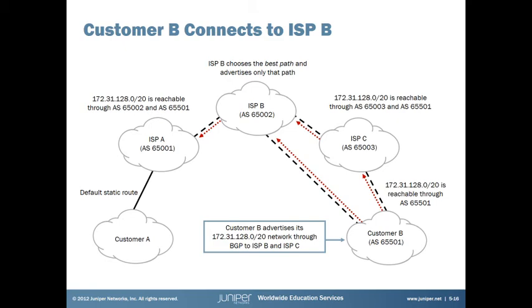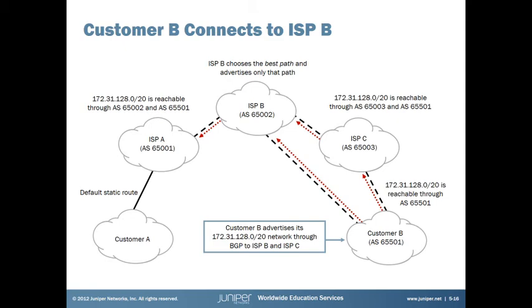So the route that it receives from customer B will become the best path. That will become the active route for ISP-B, and ISP-B will advertise only the route that it received from customer B. It will not re-advertise that route that it received from ISP-C. Okay, so it only re-advertises the best path.